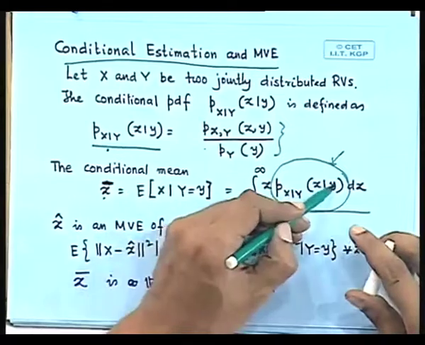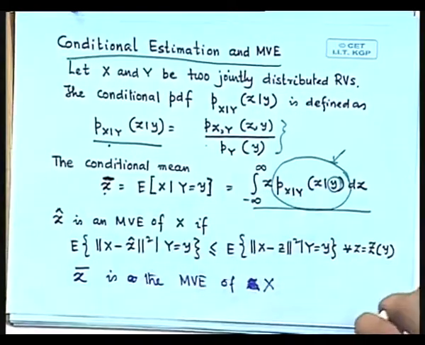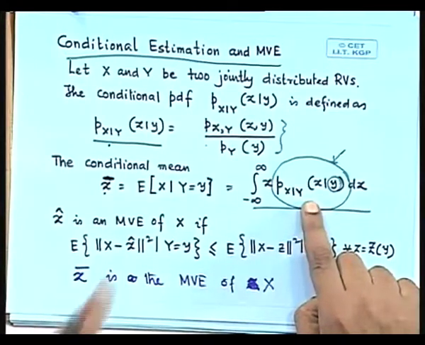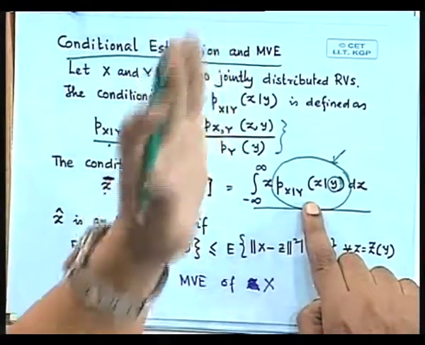In this distribution, the value of y is fixed. Once the value of y is given, frozen at a value, it becomes a pure function of x, right? And if you want to get the mean, you do the normal mean calculation only with this conditional distribution now. That is the conditional mean.